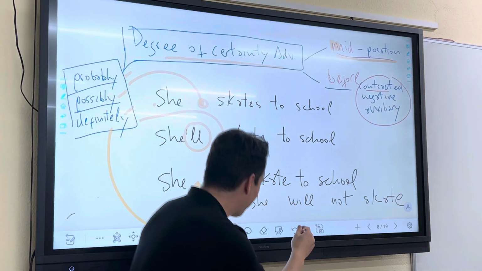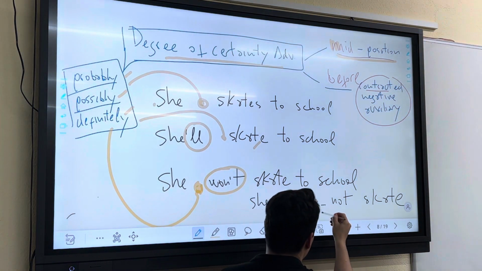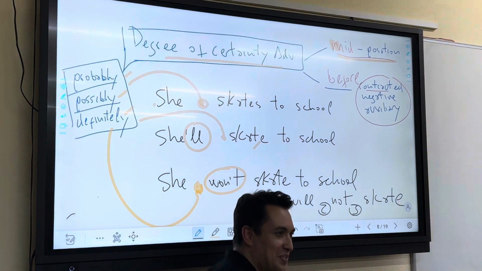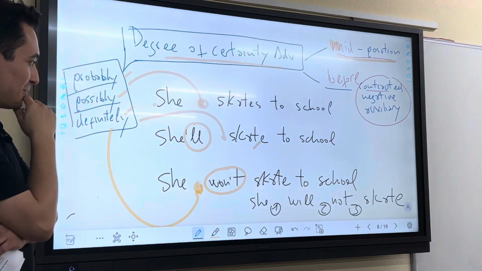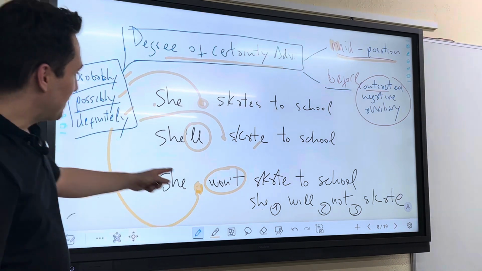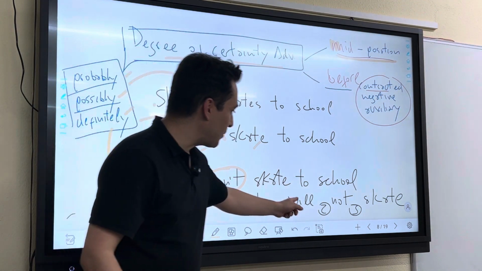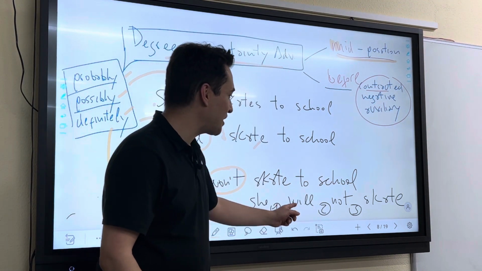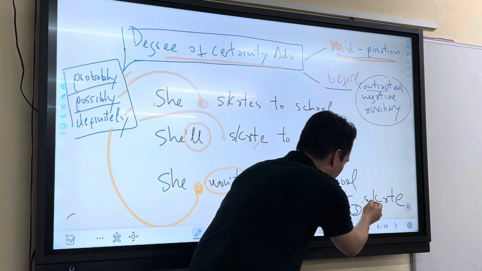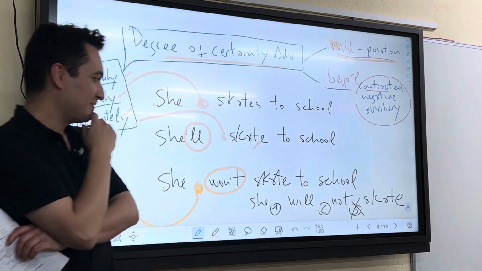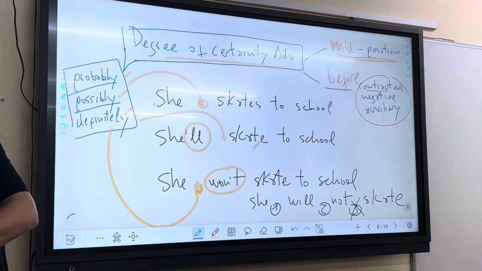Okay, position 1, 2, or 3. What is the best position? She probably will not. She will probably not, or she will not probably. Okay, I think this is the worst.